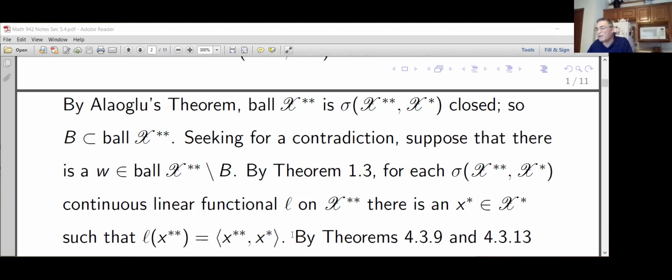So now we have the situation with a convex compact set. This B is not only closed, but it is compact, because this ball is compact by the Alaoglu theorem.